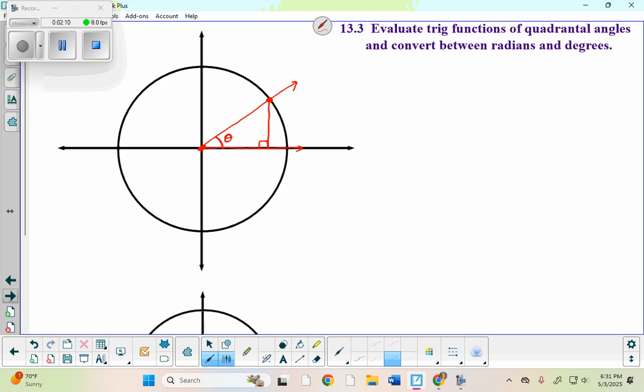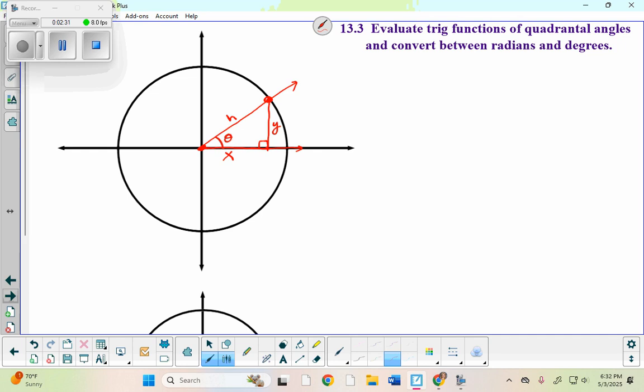To get to this point, we would travel along the x-axis, and then we would move up on the y-axis. And so we would have x and y. Then to find the hypotenuse, we would do the Pythagorean theorem.